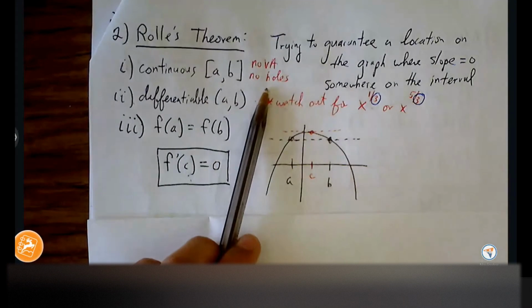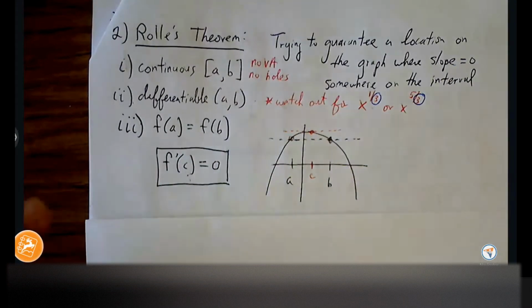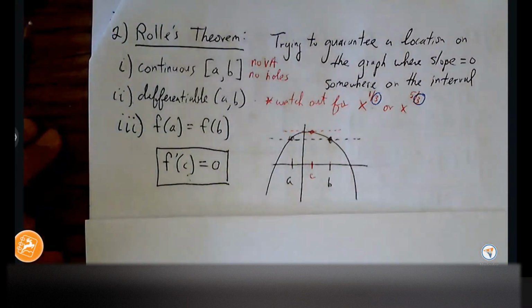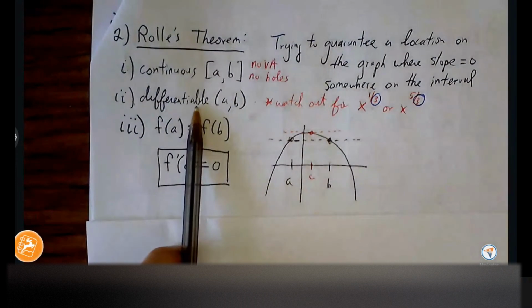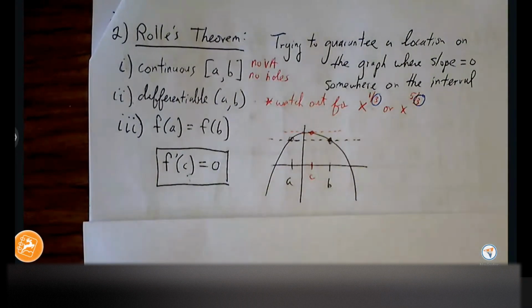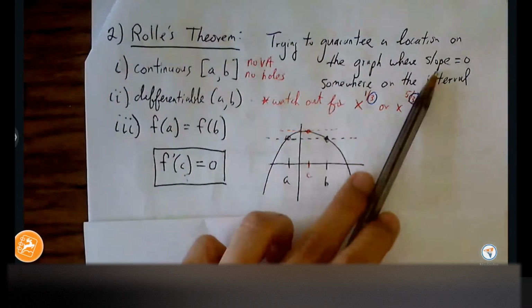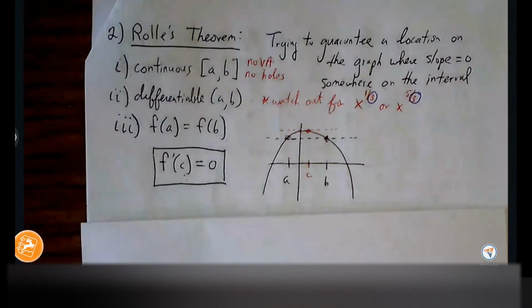So no vertical asymptotes, no holes, or rather, you can have asymptotes and holes as long as they don't interfere with the interval. But there's another condition that's required, because with extreme value theorem we're just trying to find maxes and mins, and we don't really care if the graph is smooth everywhere. With Rolle's theorem, because we're trying to guarantee a slope of 0, we have to first ensure that everything we're dealing with in the interval is safe, in that the slope is available to be found.